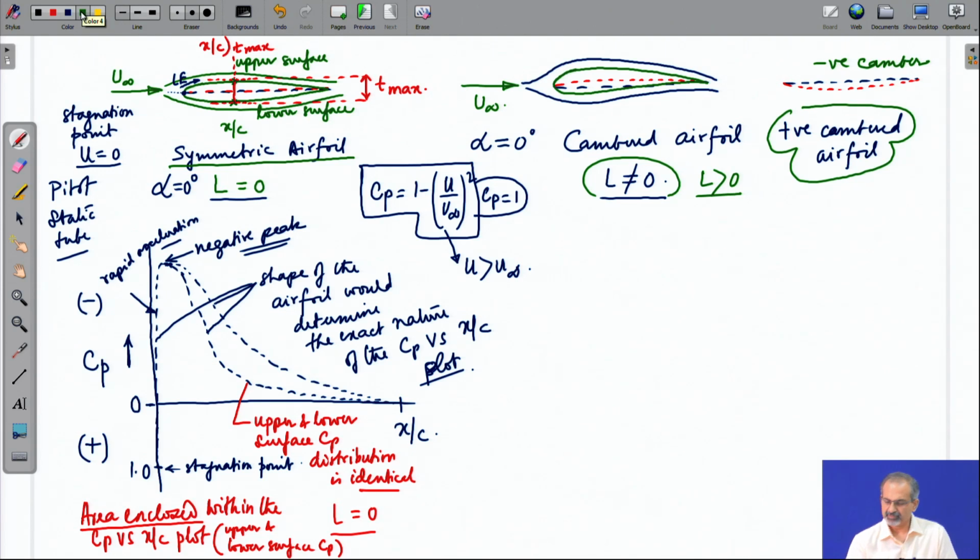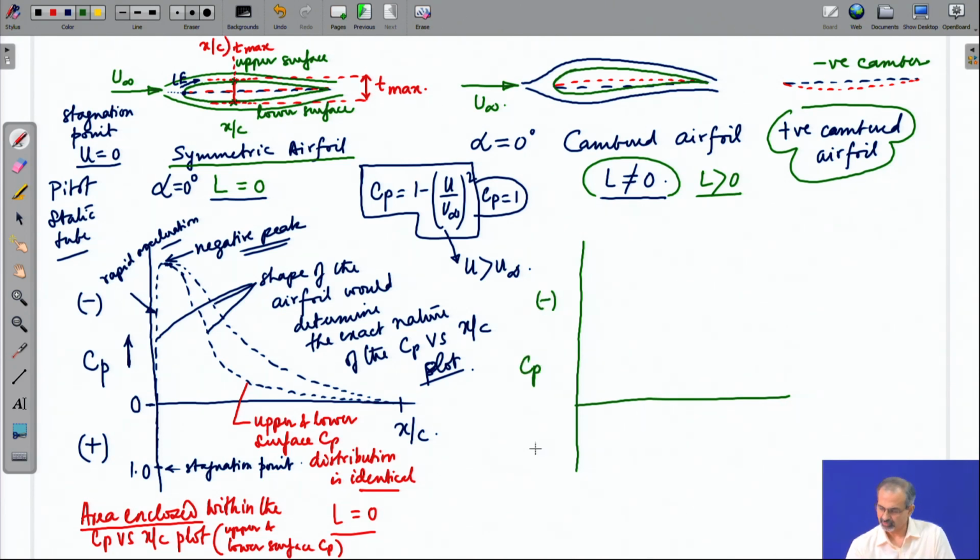That means, if we were to go to a cambered airfoil where the pressure is different between the upper and lower surfaces, you would get an area enclosed, and if you integrate it, you will get the lift contribution coming from there.